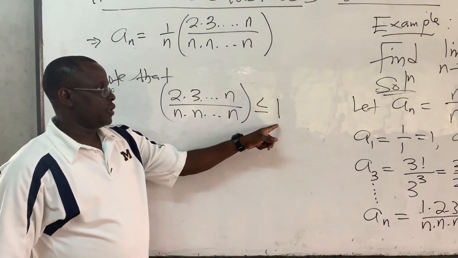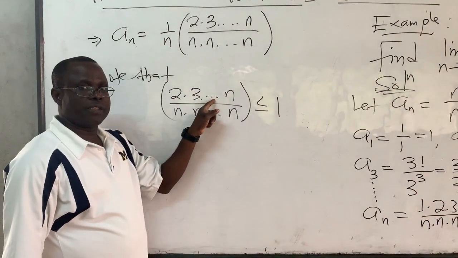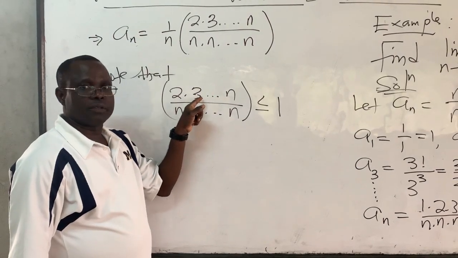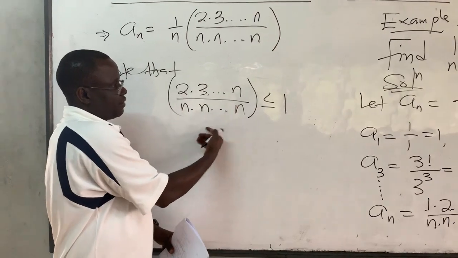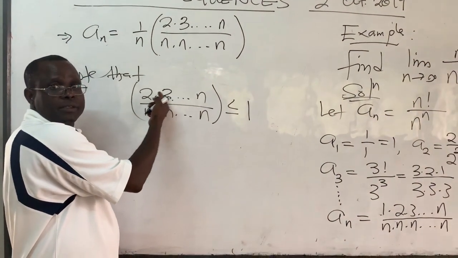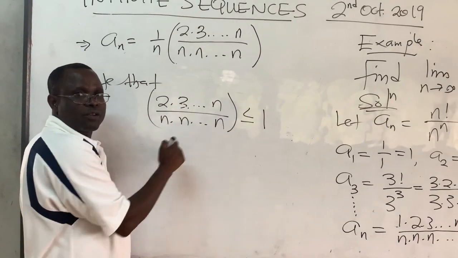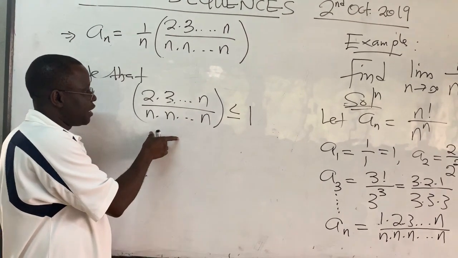It can only be equal to 1 if each of these terms before n are n's. If these are n's, then this cancels this and you have 1. But if n is greater than these numbers, then of course it has to be less than 1. Something smaller on top, something bigger at the bottom.